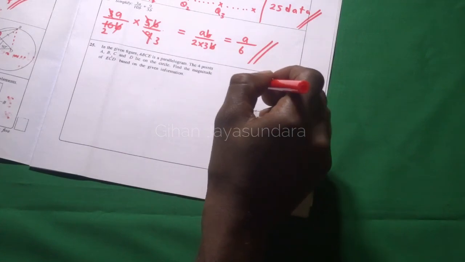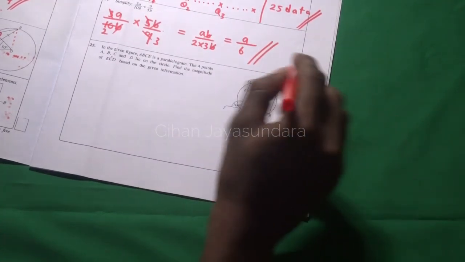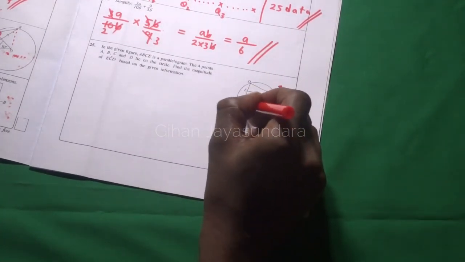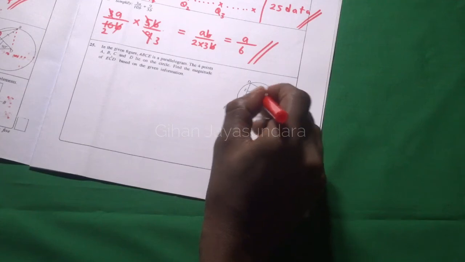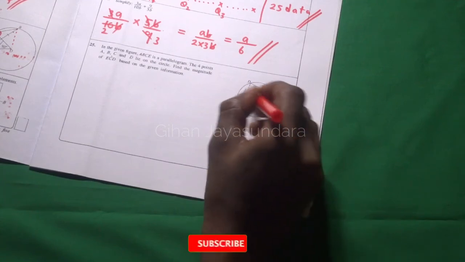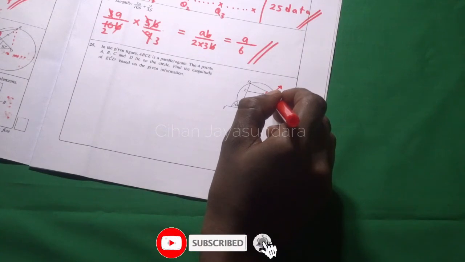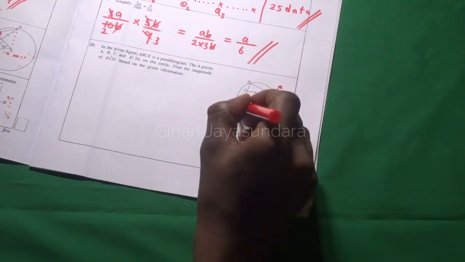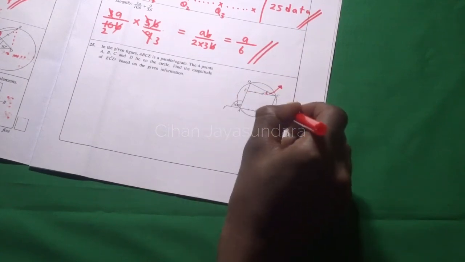It is given that this is a parallelogram, so two lines are parallel, AB and EC. So as this is 100, this also should be 100.